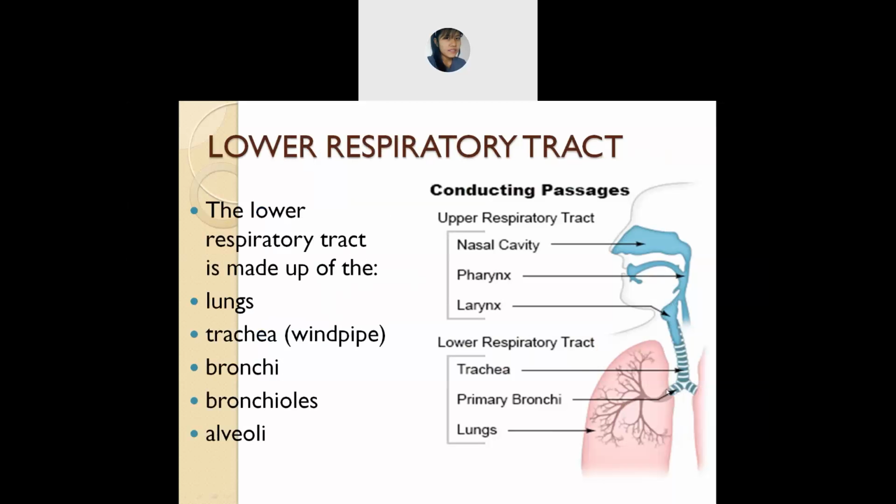The bronchi are attached to the lungs. The bottom part of the trachea is known as the bronchi. And bronchioles. Bronchioles are all these, just like branches. And alveoli. Alveoli are very small. The end portion, all this. They are very small. So these are the parts of the lower respiratory tract.